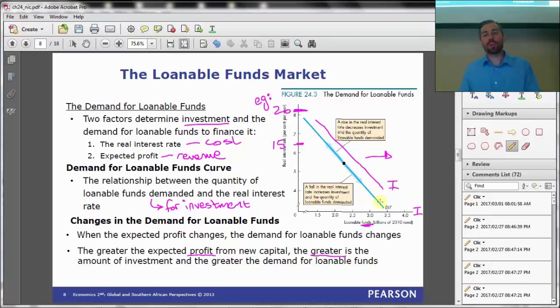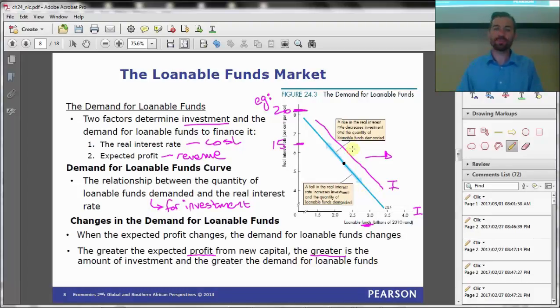And what determines our demand for loanable funds at any given interest rate? Well, our demand for loanable funds is a function essentially of our demand for investments. So the amount of investment that we want determines the demand for loanable funds, because loanable funds are what we use to fund investment. In other words, we use the money raised in the loanable funds market to purchase our investment.